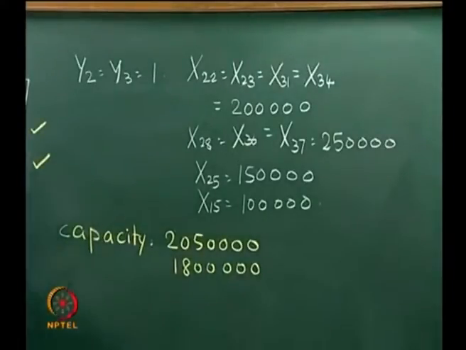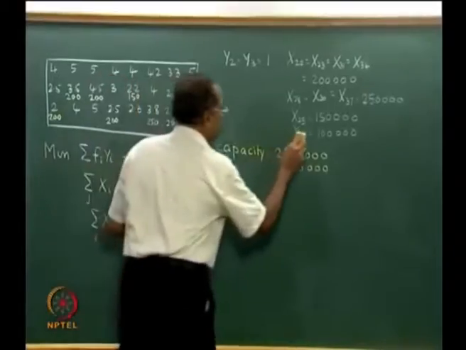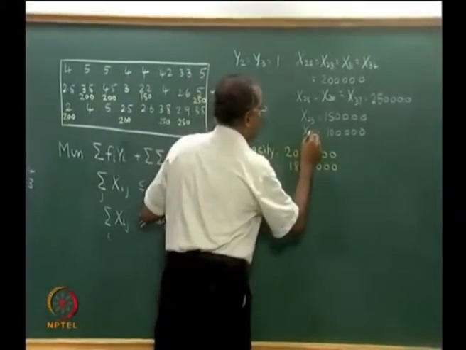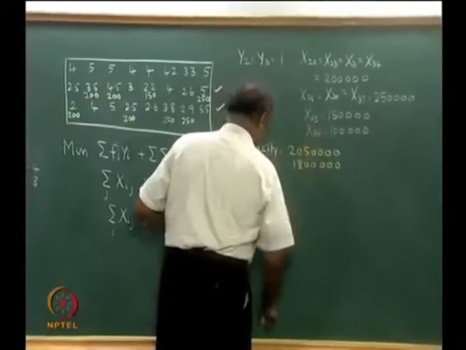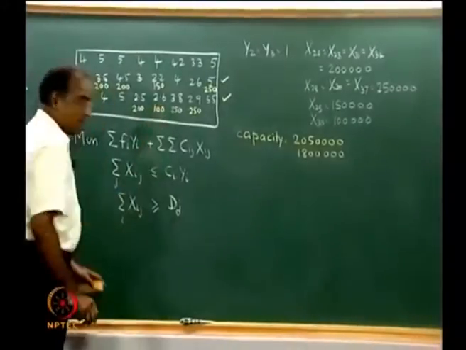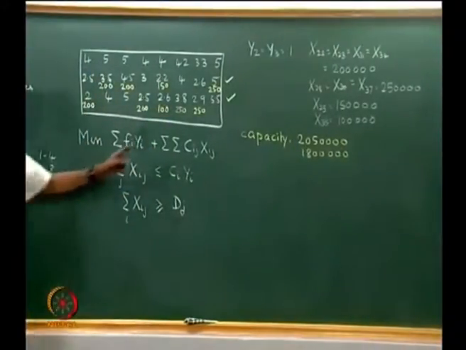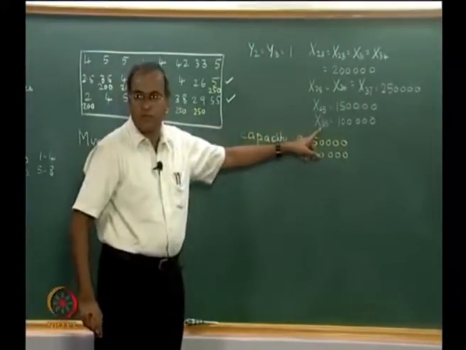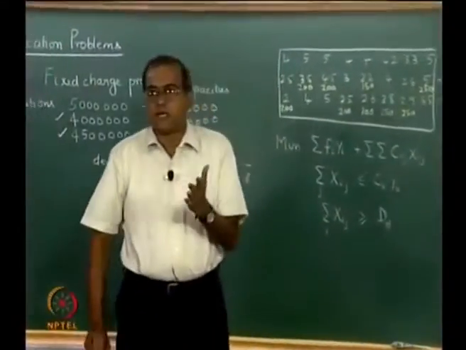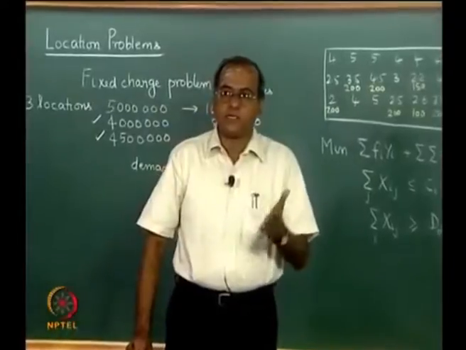So, this should not be x15, this is x35. x15 would not come here because facility 1 is not chosen, only 2 and 3 are chosen. So, the transportation can happen only from facilities 2 and 3.